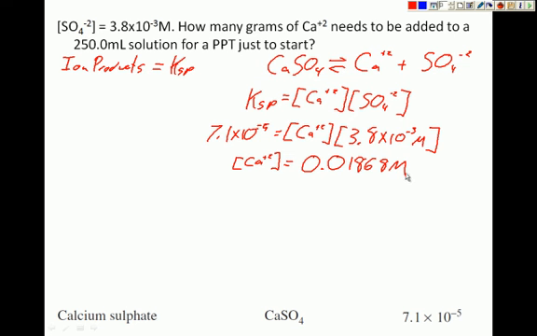Okay. Now, it says how many grams of this, and what we solved here is moles per liter, or the concentration of calcium. So we need to take this number right here and change it into grams. So again, I'm going to take the concentration of calcium, which is 0.01868, and that's moles per 1 liter.